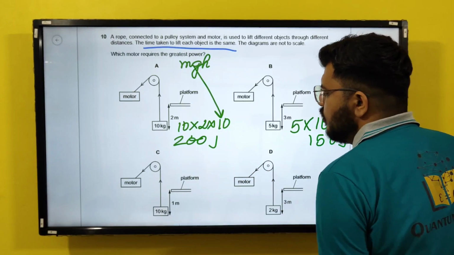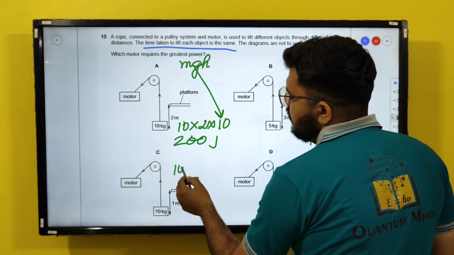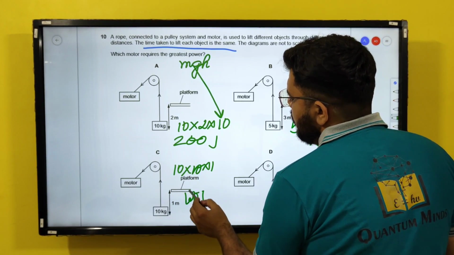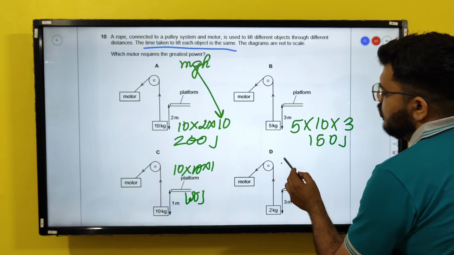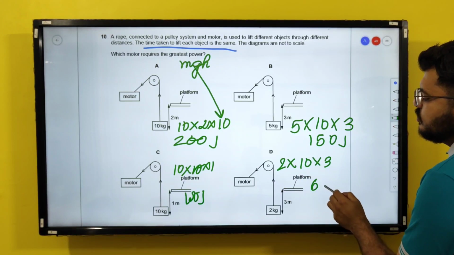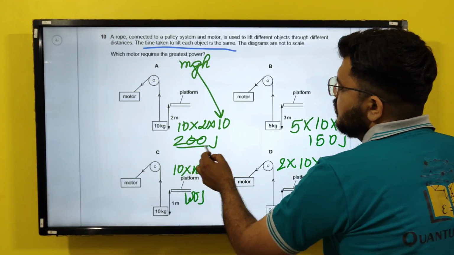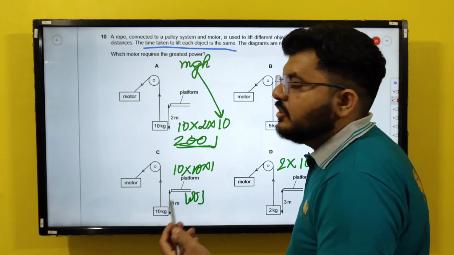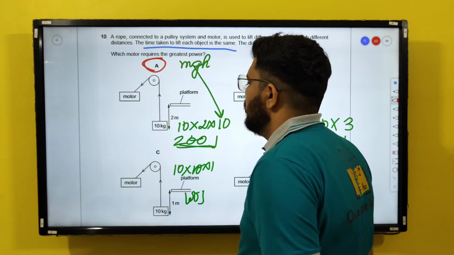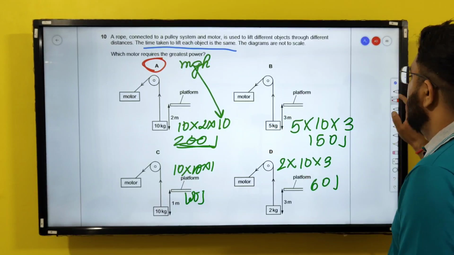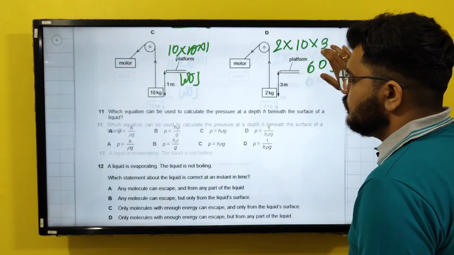Then 10 into 10 into 1, so 100 joules. And here you have 2 into 10 into 3, which is 60 joules. So for this, the change in potential energy is most, and therefore this must be the most powerful motor to bring out this change in equal time as the other 3.